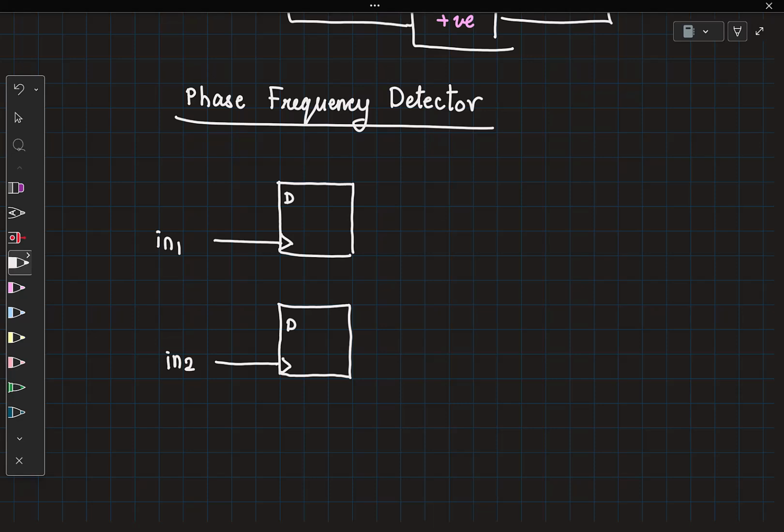Right? I want the output to go high whenever there is a rising edge in in1 and in2. That means, let's say I made a connection like this, and I'm going to call this signal my up, this signal my down. Does it look okay? Does it have any problem?